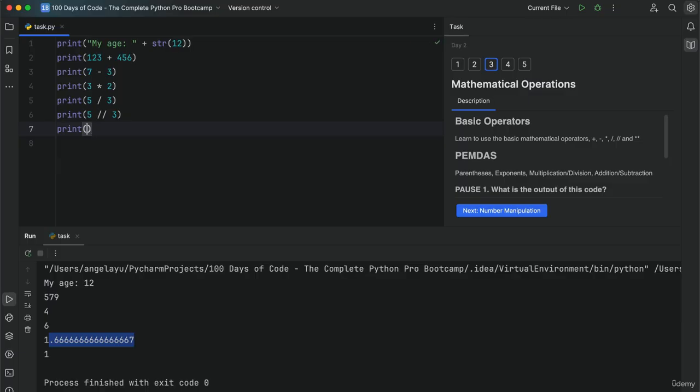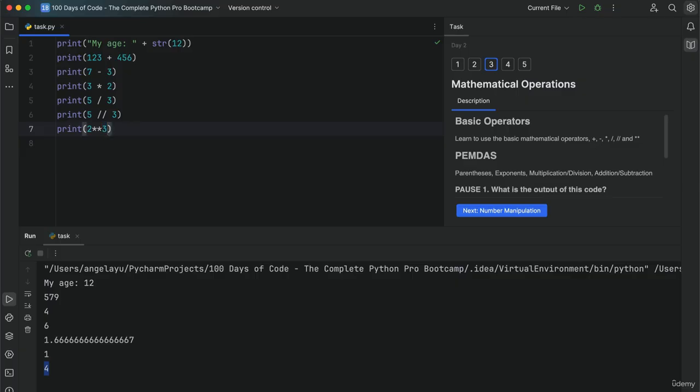Now the last one that's really useful is 2 asterisk signs, and this gives you access to the exponent, or when you want to raise a number to a power. So for example, if you wanted to get hold of 2 to the power of 2, then you would write it like this, and 2 to the power of 2 is of course basically just 2 times 2, which is going to be equal to 4.